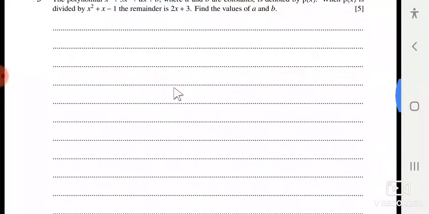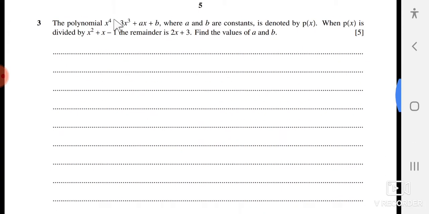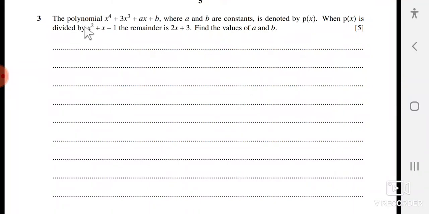d(x) for this question is x squared plus x minus 1, and q(x) is not given, but as the given polynomial is in x^4, in quartic form, q(x) would also be quadratic, as quadratic multiplied by quadratic will give you this quartic polynomial. So you can suppose a general q(x) as cx squared plus dx plus e, as a and b are already used.